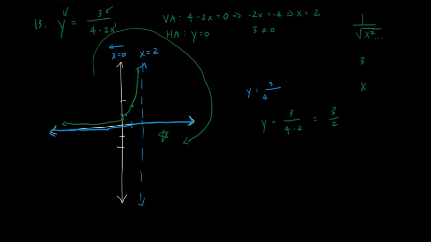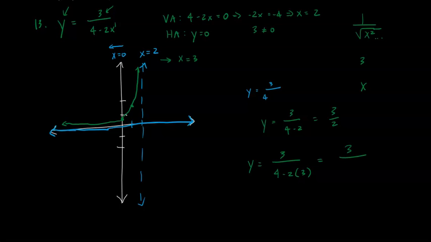So let's go ahead and test some points. The best way to do this is to just test points. So let's find some numbers that are greater than x equals 2, like x equals 3. y equals 3 over 4 minus 2 times 3, so 3 over 4 minus 6, so 3 over negative 2.